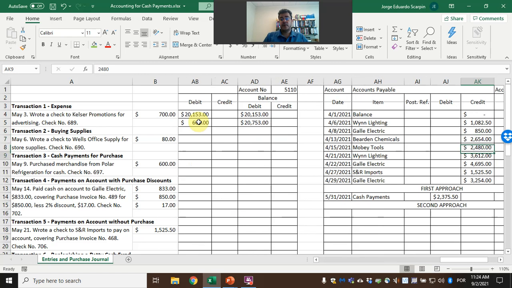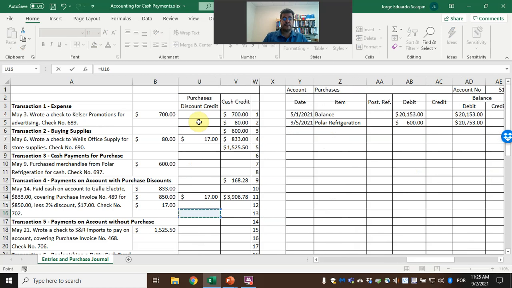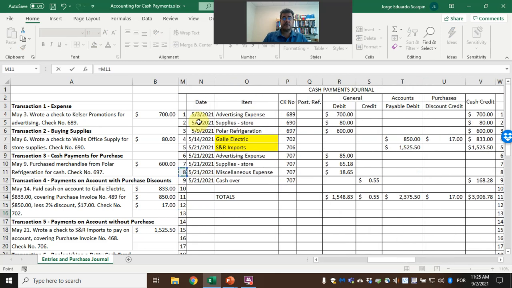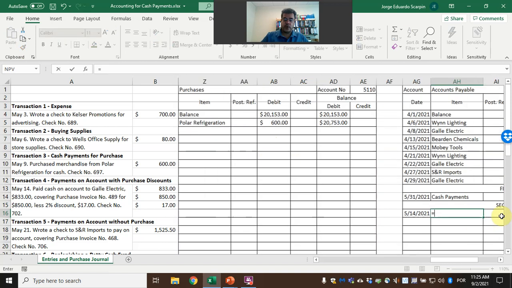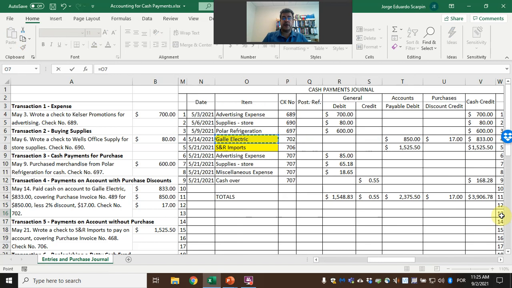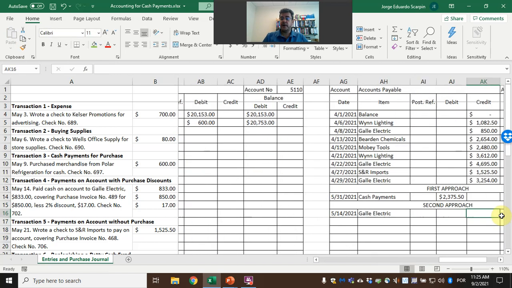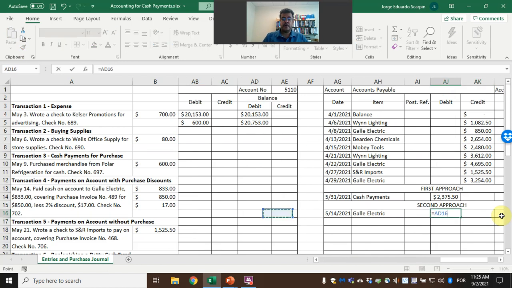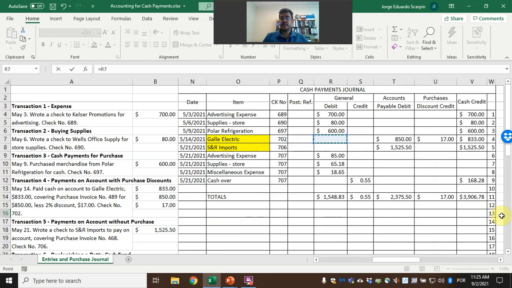So what our second approach would be equal, May 14th, which one is it? We are paying Gale Electric. How much? So debit 850.